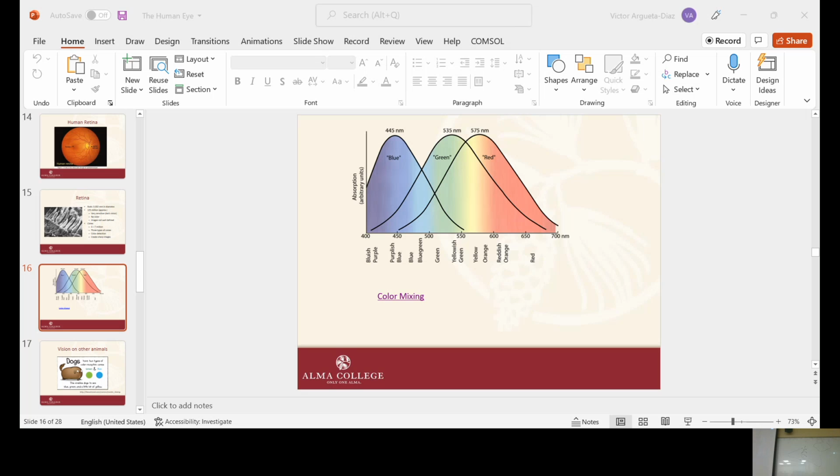It's to do with how your eyes work. For example, if I shine red light and green light into your eyes at the same time, you will see yellow. So when you mix red and green together, you get yellow. And if you look at the spectrum, yellow is in between red and green. So maybe that's the rule for mixing colors together.